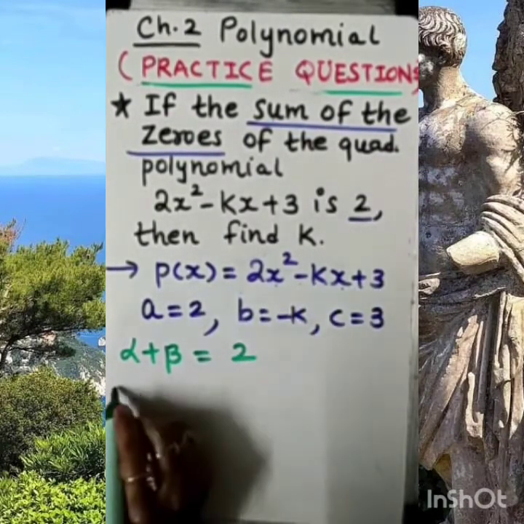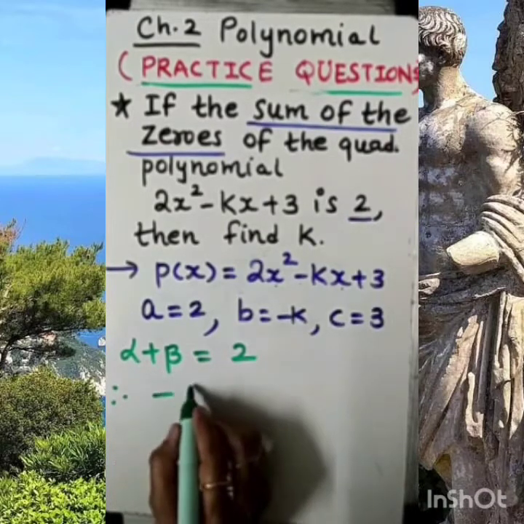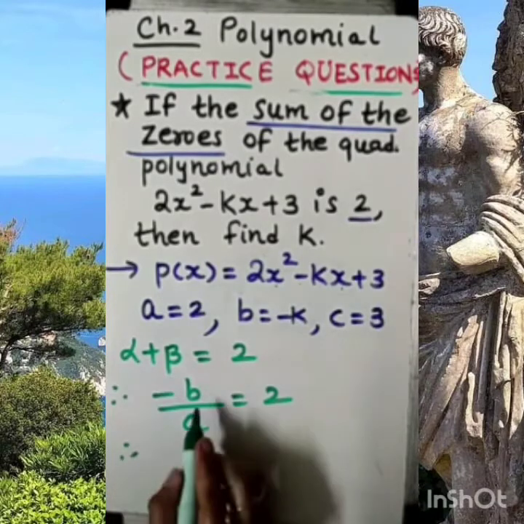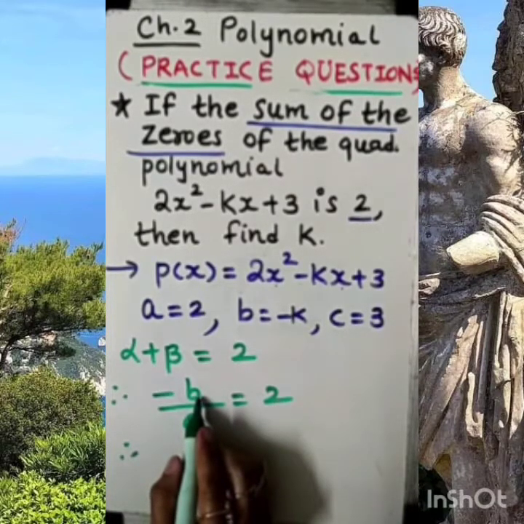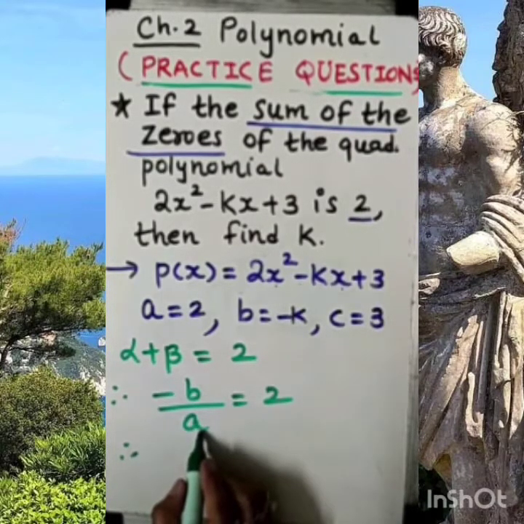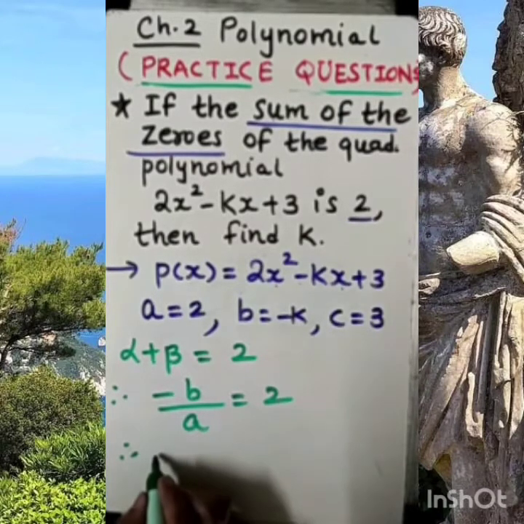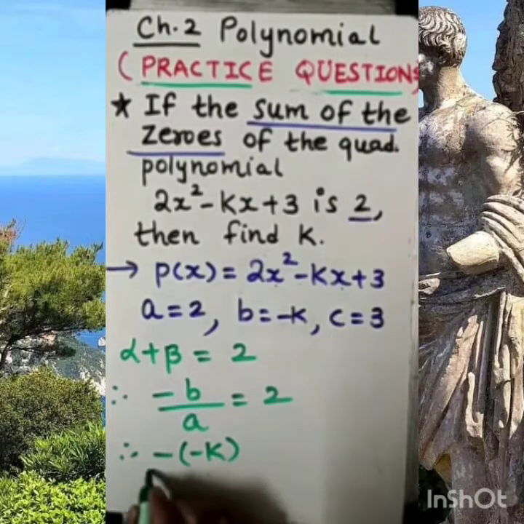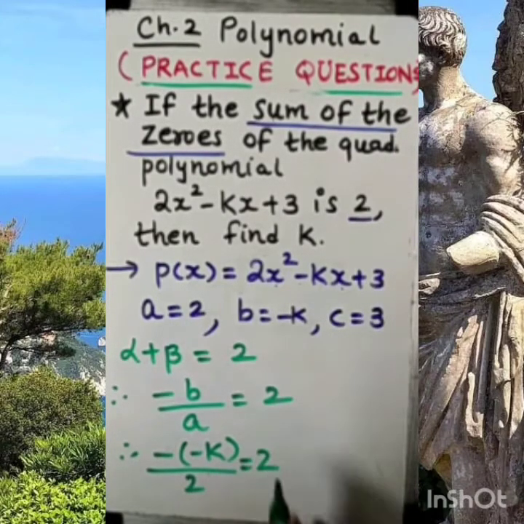Clear? Now, as we know, the sum of the zeros we define by minus b by a. You know very well b is the coefficient of x and a is the coefficient of x square. So my dear student, here it is minus, in bracket, minus k, divided by the value of a, which is 1, equal to 2.